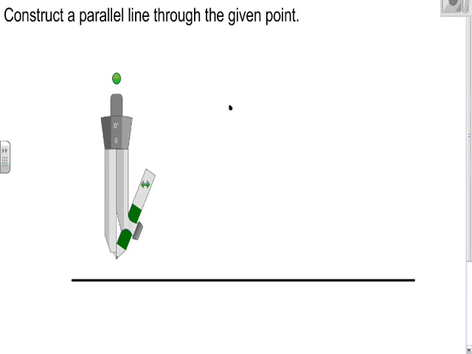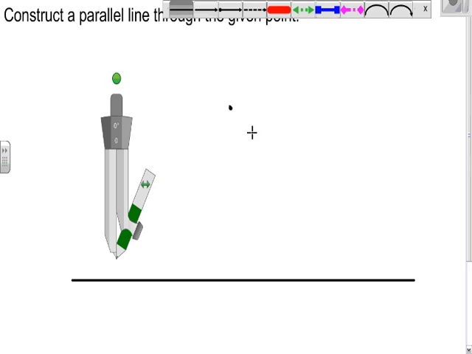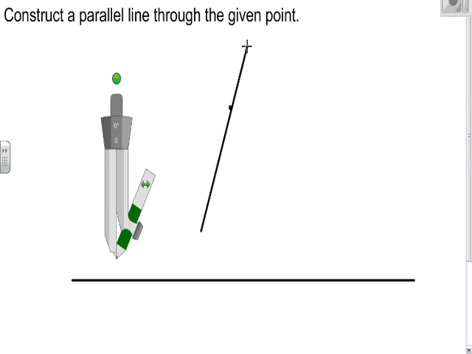So the first thing is to draw a straight line that goes through the point and intersects our given line.